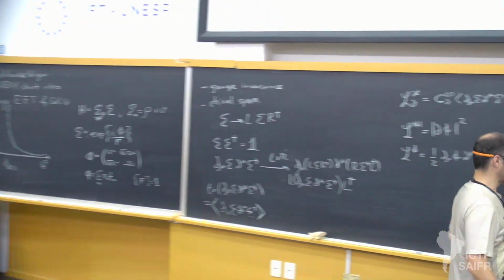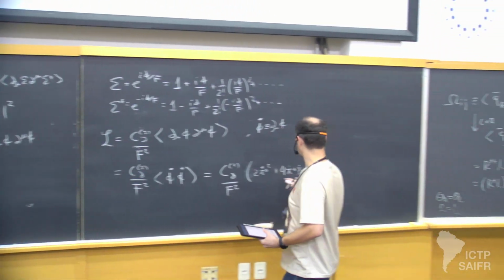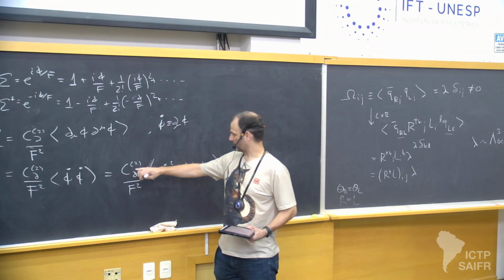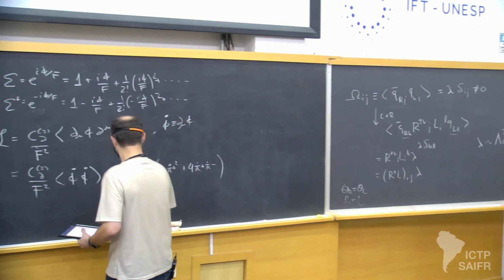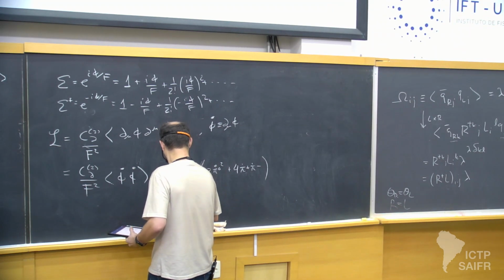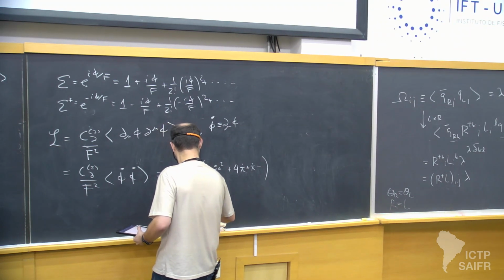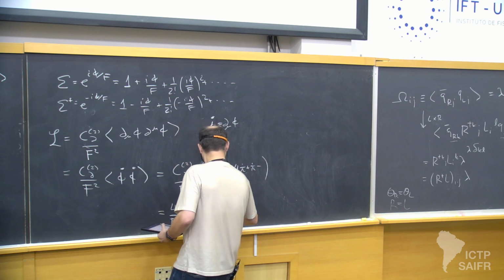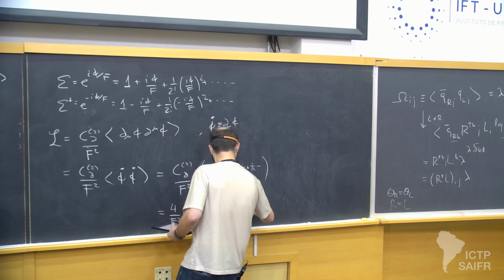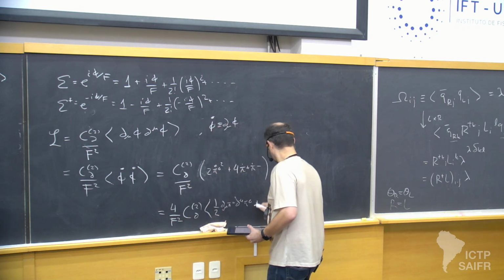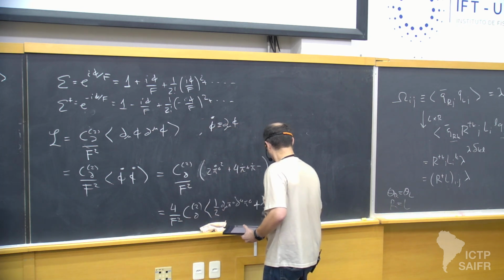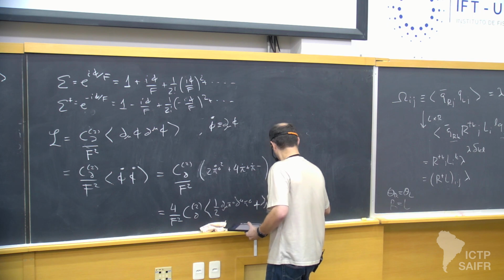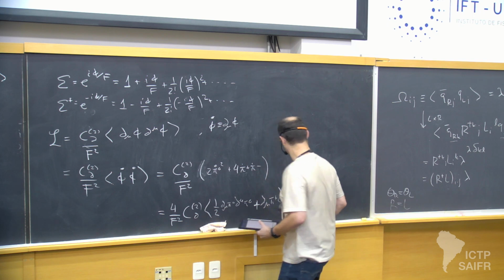So if I want to canonically normalize the pi plus and minus, I need to take out a 4. And I get left with 1/2 d mu pi 0 plus d mu pi plus d mu pi minus.